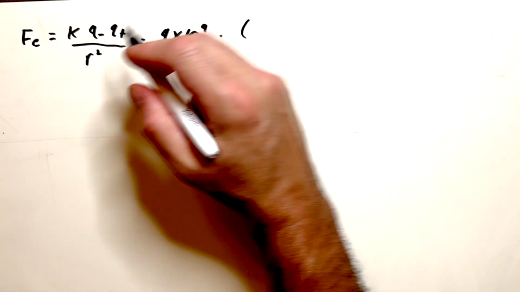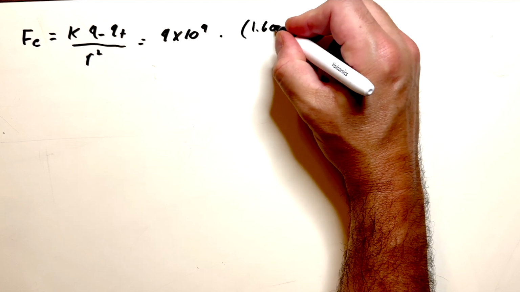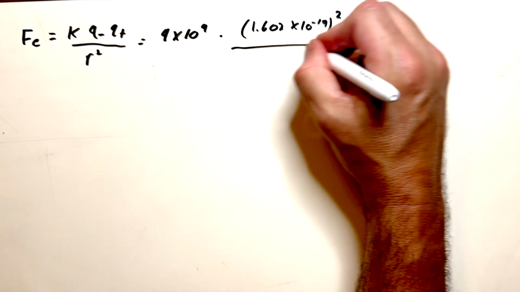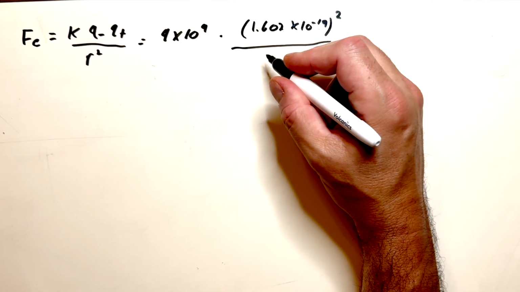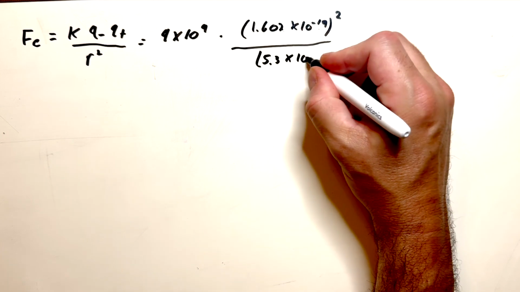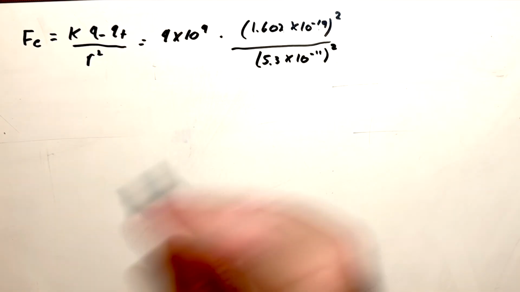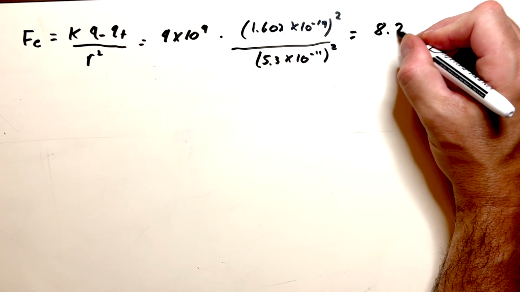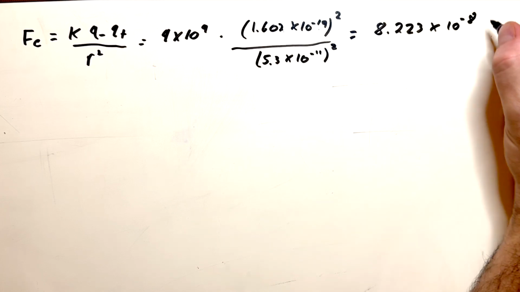The charge of the electron and the charge of the proton are the same, so we can just square one of them, 1.602 times 10 to the minus 19 squared. We'll divide that by the distance given for the radius, 5.3 times 10 to the minus 11 squared. If we plug that into our calculator, we get 8.223 times 10 to the minus 8 newtons.